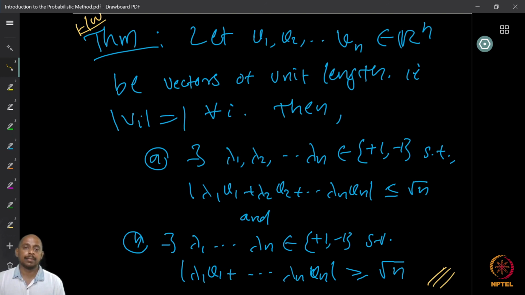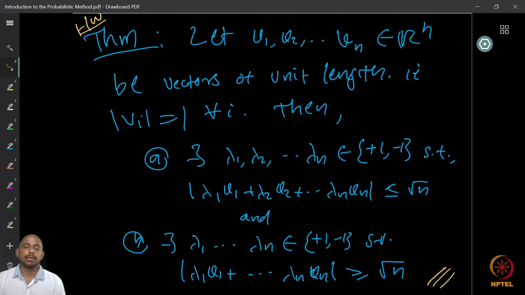If v1 to vn are vectors of unit length, and lambda 1 to lambda n are numbers plus or minus 1, can you show that the length of the vector lambda 1 v1 plus lambda 2 v2 plus and so on up to lambda n vn is less than or equal to n for some choices of lambdas, and that for some choices of lambdas the length is greater than or equal to root n?